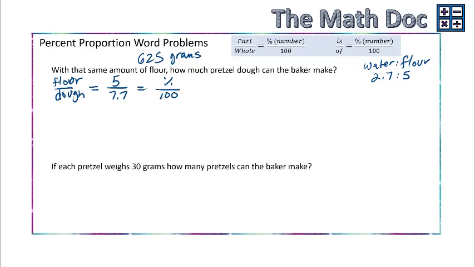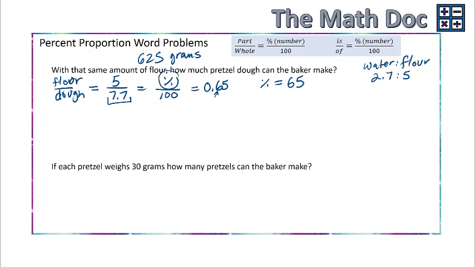We can do this with a calculator, and what you find is that the ratio of 5 to 7.7 is 0.65. So what does that mean about our percentage? We multiply this by 100 to get the percentage, and we find that the percentage is 65.